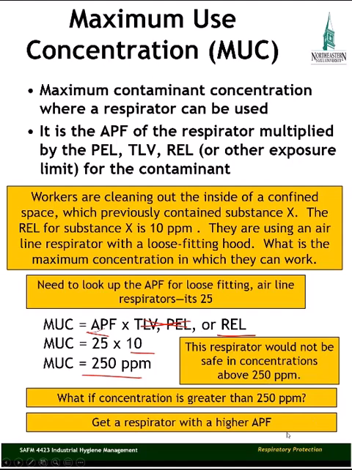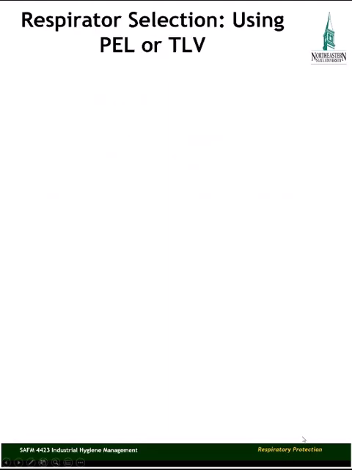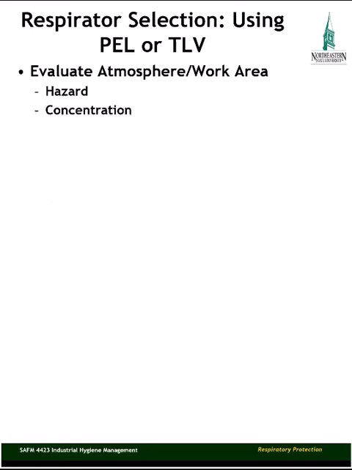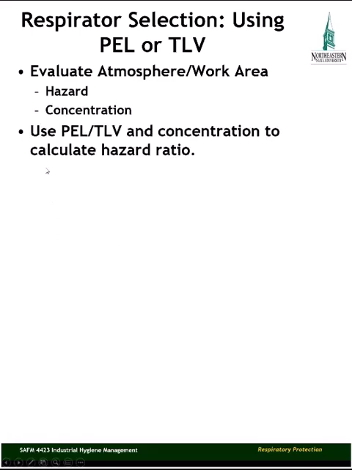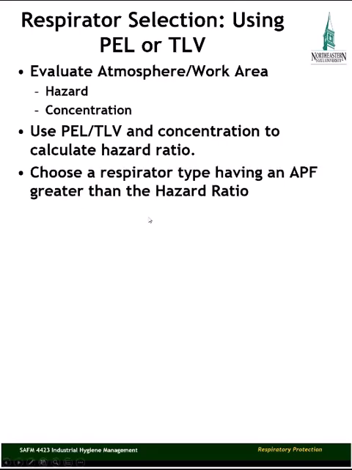All right, let's look at the procedure for selecting the proper respirator using the PEL or TLV or REL. The first step, evaluate the atmosphere in the work area. What is the hazard? What is the concentration? Use the PEL or TLV and the concentration to calculate the hazard ratio.